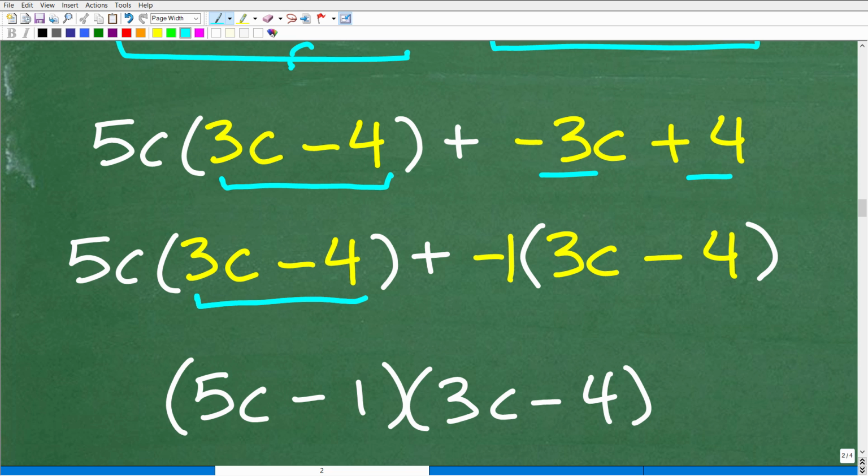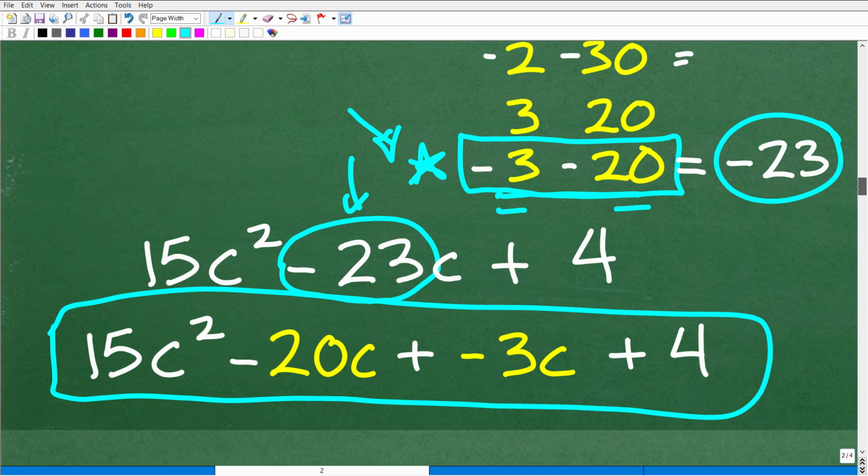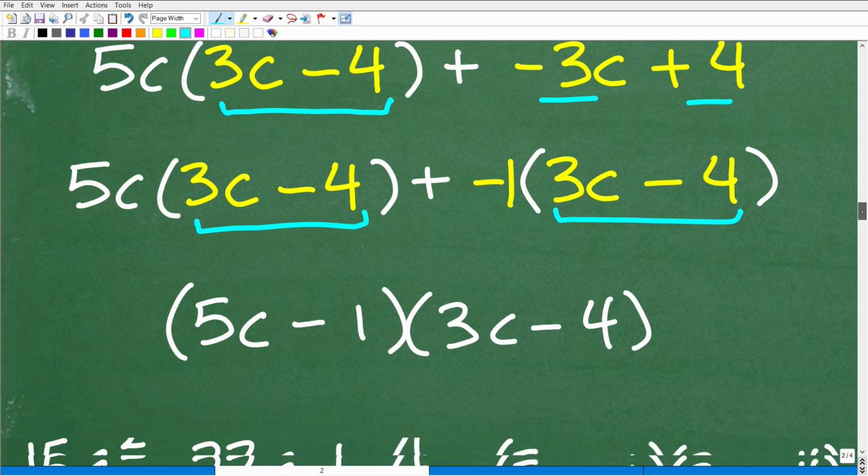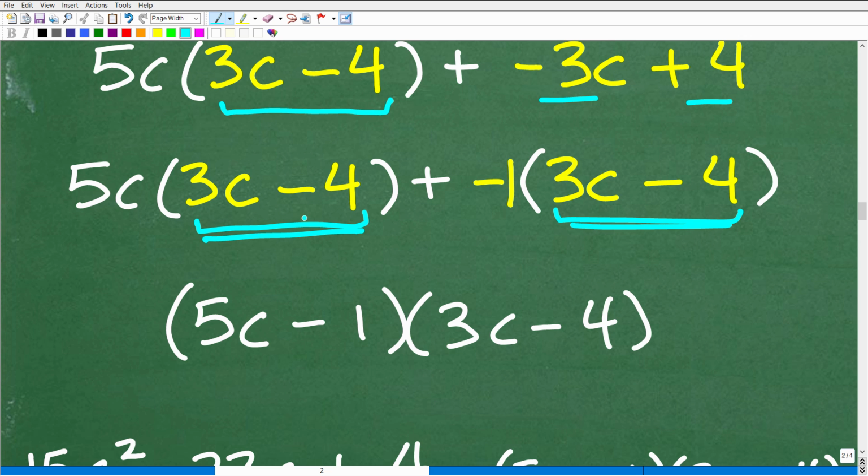I have the same binomial right there. So if you were able to find a pair of factors that adds up to that middle term, this thing will factor. All right, so now we can actually factor out this 3c minus 4.